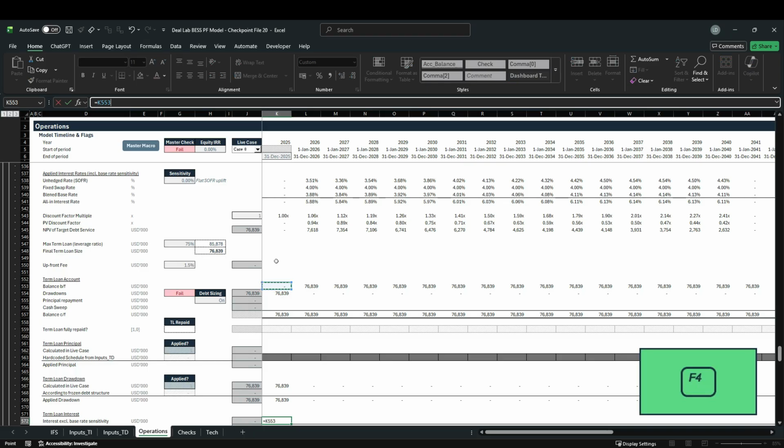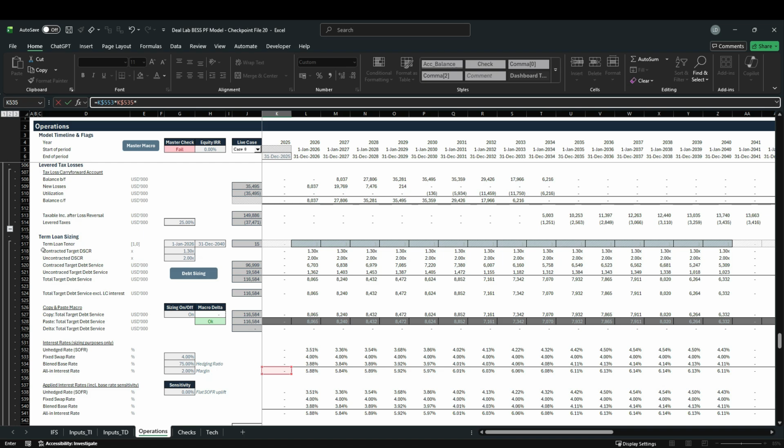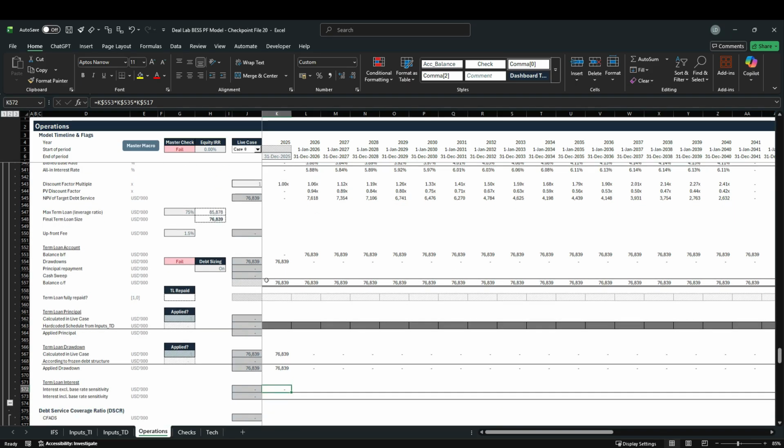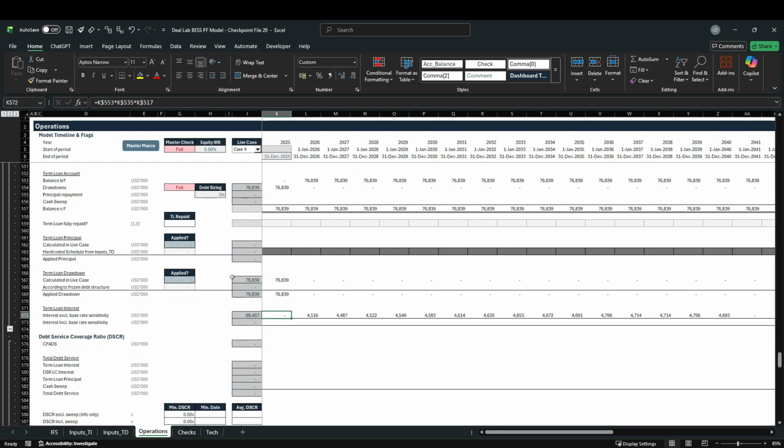Balance brought forward, hit F4 2 times, and then we will multiply this with our all-in interest rate in 535. Hit F4 2 times again. Then lastly, let's multiply this also with our term loan tenor flag in 517. Hit F4 2 times, enter. Now let's drag this over, Control R.